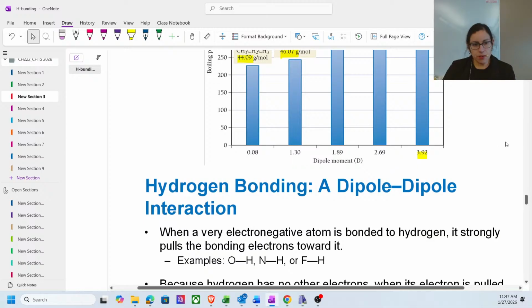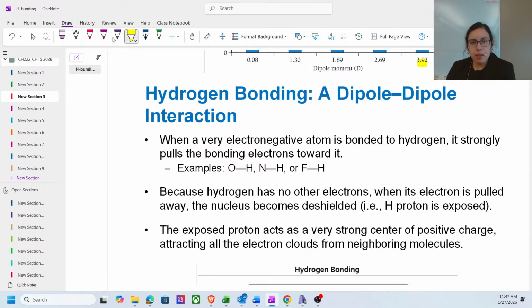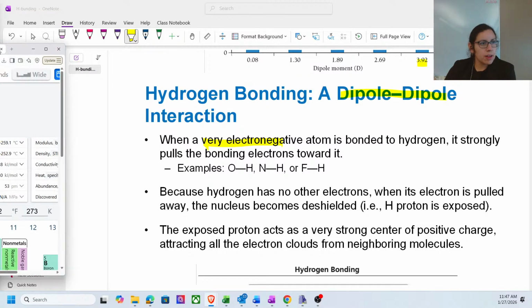And then, so let's finish up hydrogen bonding before our break here. Hydrogen bonding is basically a specialized polar or dipole-dipole interaction. Like we were looking at, when we have a very electronegative atom bonded with hydrogen, and, sorry, let me pull up our periodic table, this only occurs with our most electronegative elements.